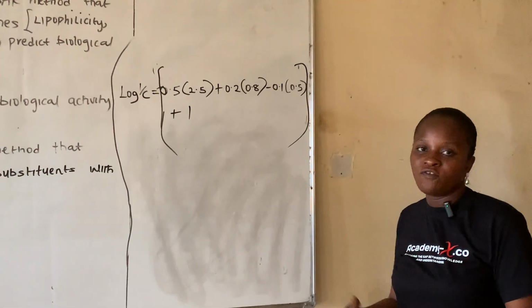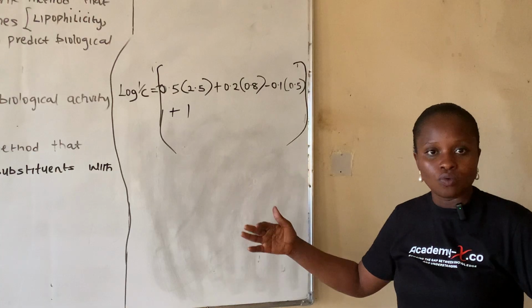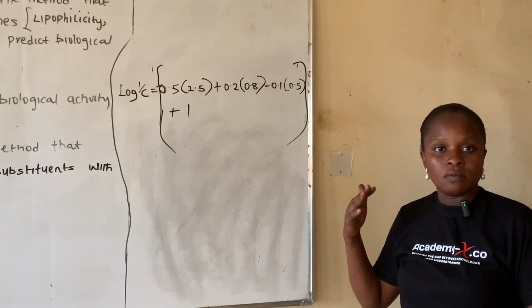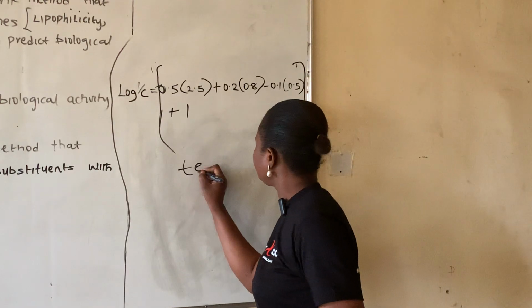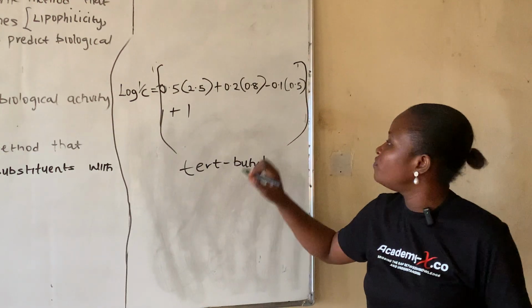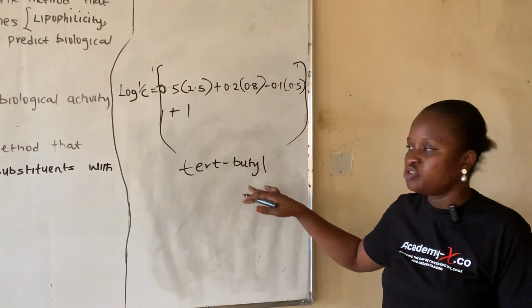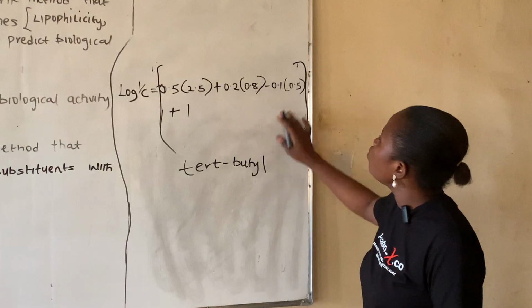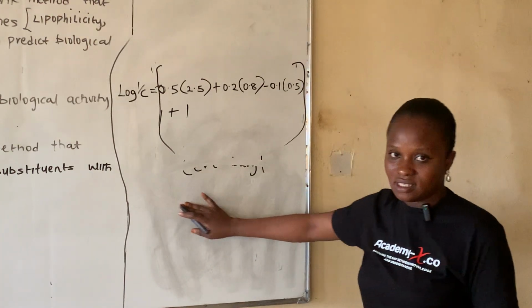So let's say for instance, if your substituent is a bulky substituent, I gave an instance with tert-butyl, the biological activity of the lead compound you are considering will be reduced. So with this formula, you can optimize your drug design.